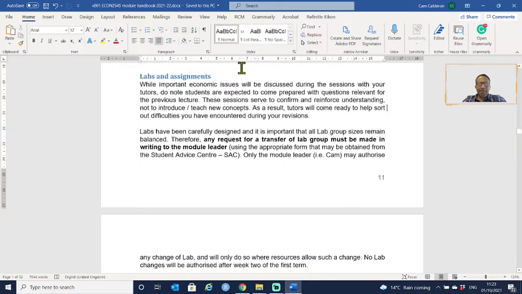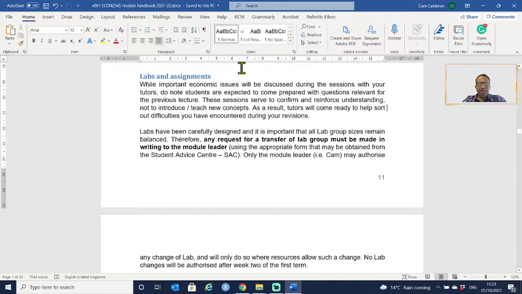Please come to the lab about 10 minutes before the time. Sometimes it's distracting if you come late. That causes a lot of disruption. I will need to come back to the explanation of what we are doing. So please come before the time.